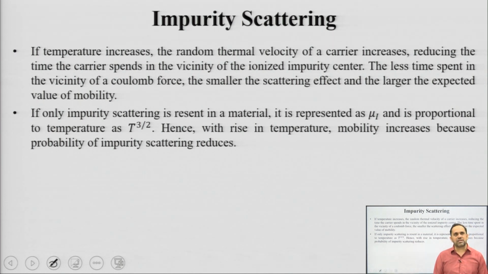This basically means that this impurity scattering mechanism gets reduced by an increase in temperature, because of which the mobility increases with temperature if only impurity scattering was present. So, if in a semiconductor only impurity scattering was present, with no other scattering mechanism, your mobility is going to increase with temperature.